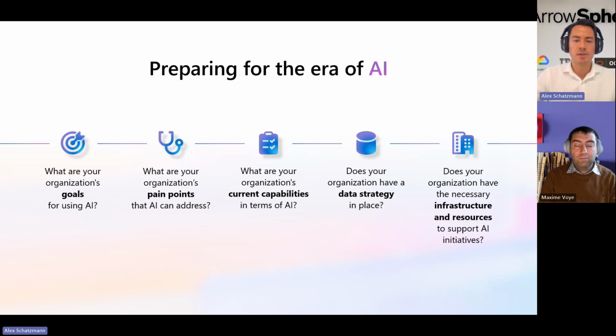Same as with your data strategy. Is it properly governed, or is it properly structured? And also, do you have the right resources in house to have AI, or do you have the right partners and the right solution in place? That's why all of these questions must be asked and answered first before thinking about how to implement AI.